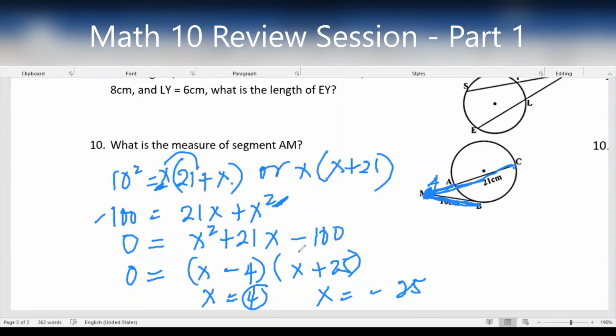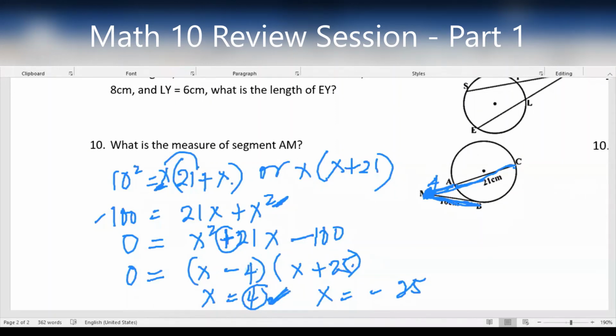So you need to factor negative 100, positive 21. Kaya 4 and 25. The middle is positive, so positive si 25, 4 is negative. And then when you get the value of x, you get the opposite sign. So x is 4 and negative 25. And always get the positive value. Okay na? So thank you, Jamila.